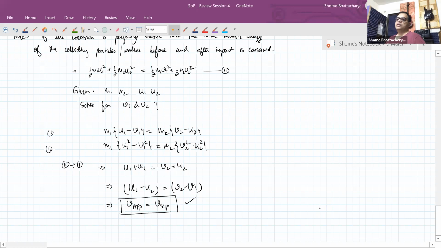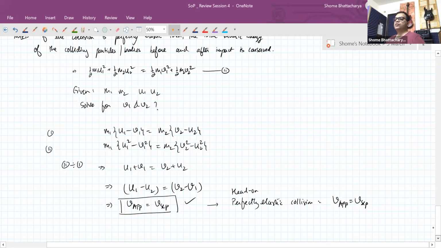So that becomes an important property of the perfectly elastic collision. In a head-on perfectly elastic collision, the approach velocity is equal to the separation velocity.